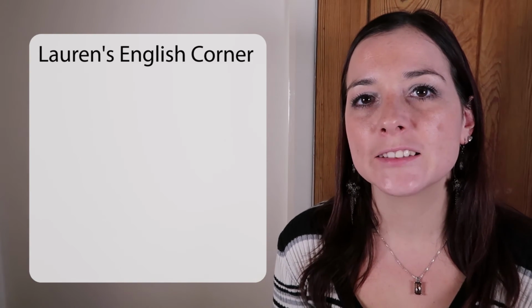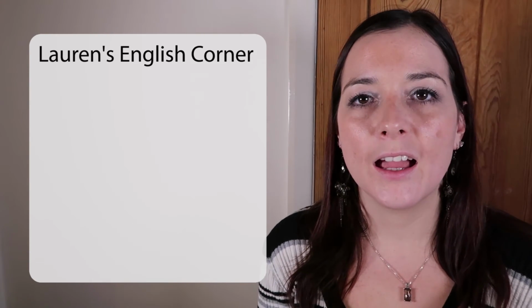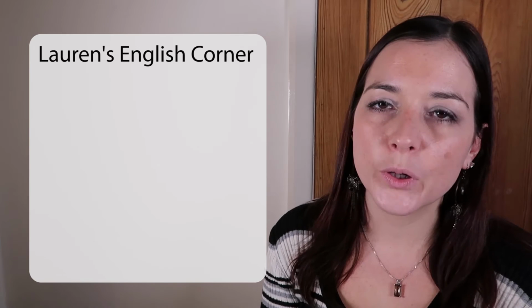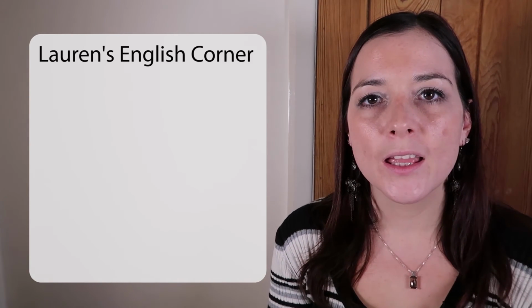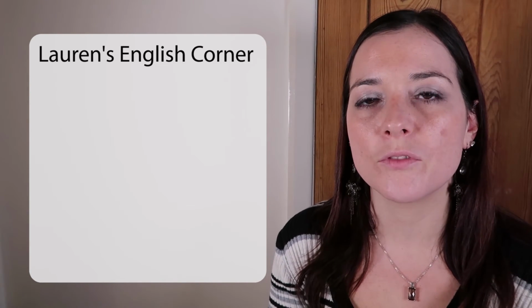So I hope that has helped Asuda in your question about reported speech. I know there's still quite a lot of possible variations that might come up, but in general, that's the sort of main rules that we need to know when using reported speech.